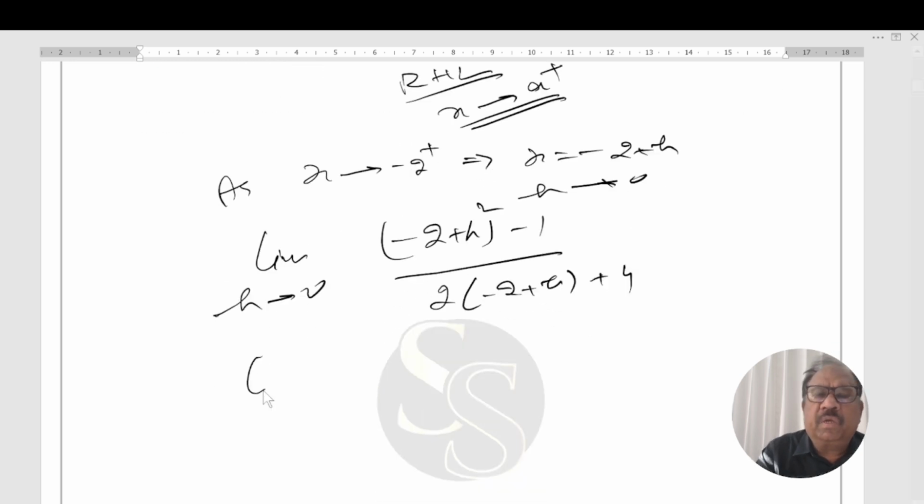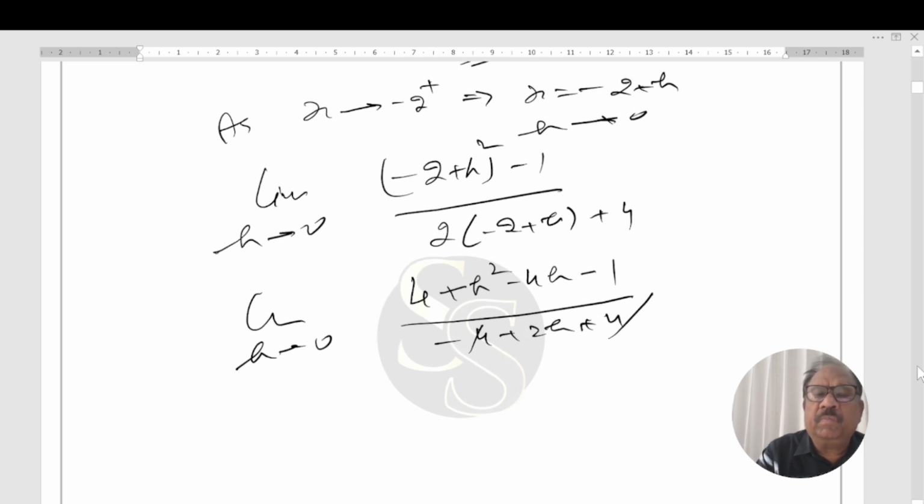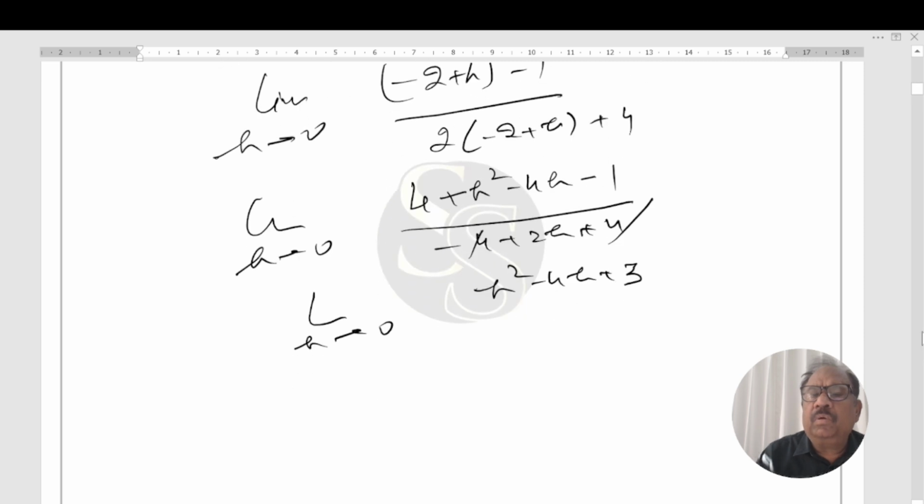On simplification, we get limit h tends to 0 of (4 plus h square minus 4h minus 1) upon (minus 4 plus 2h plus 4). On further simplification, limit h tends to 0 of (h square minus 4h plus 3) upon 2h.